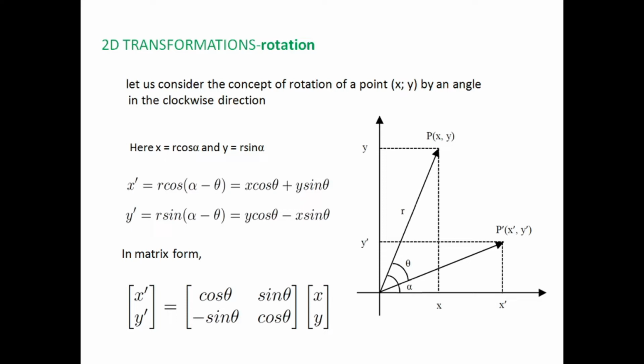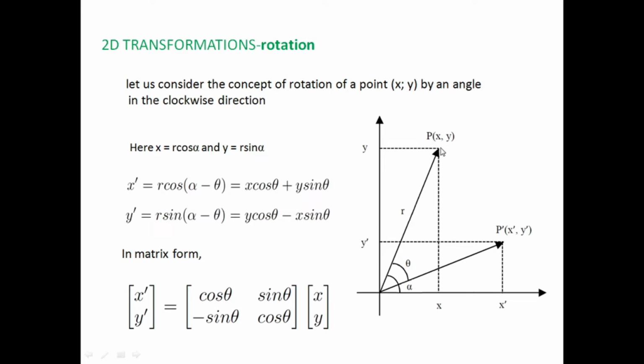Now I am going to rotate my point P, which is at x comma y, by an angle theta in the clockwise direction. Before that, P at x comma y has an angular displacement alpha with the original x-axis. That is why the point P is situated here.